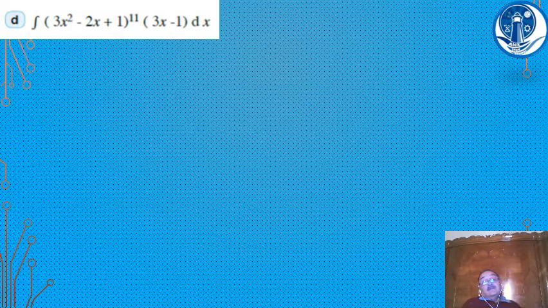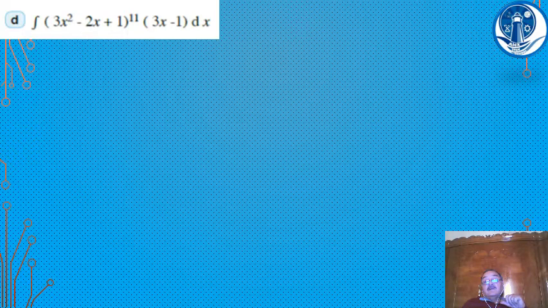Here is the integration of 3x squared minus 2x plus 1 all power 11 times 3x minus 1 dx. We don't have the derivative exactly. What do we have to do? Yes, make the bracket's derivative inside the bracket. This derivative is 6x minus 2. Then we have to multiply by 2 and divide by 2.